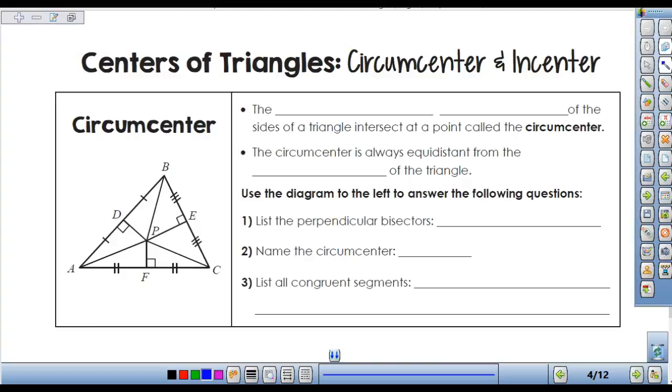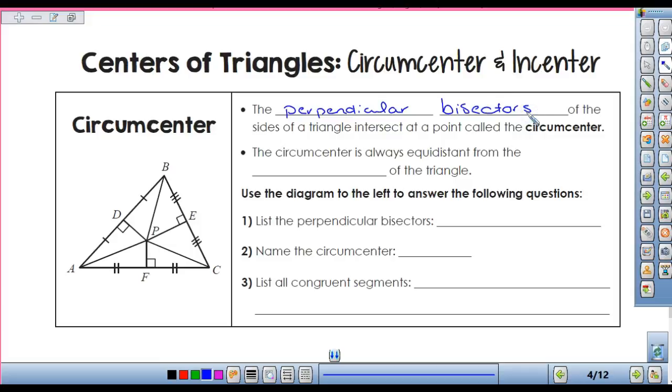There's a lot of information today when it comes to circumcenters and incenters. Okay? So your circumcenter, first of all, is what we're going to get first, is where the perpendicular bisectors, remember we talked about those on Monday, right?